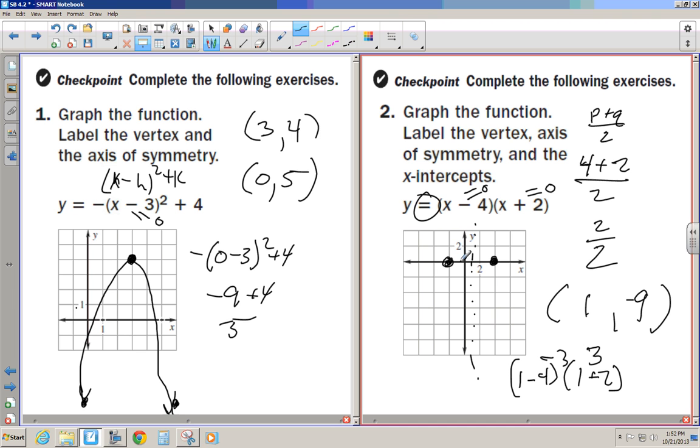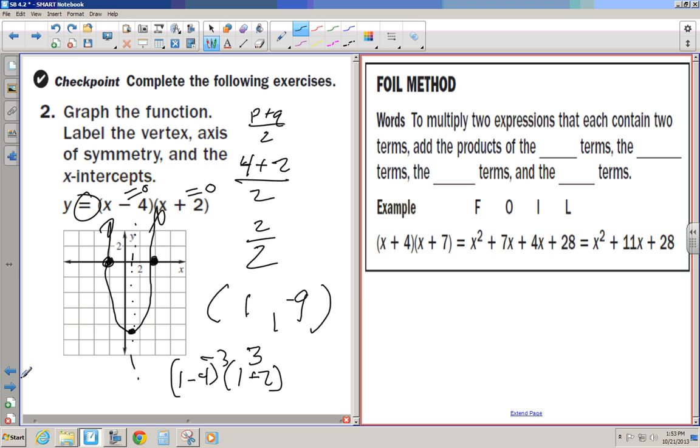So my vertex, 1, 2, 4, 6, 8, right here. There's your parabola. All right, that's the other two ways of graphing. So you should be able to graph by making a table, graph it in standard form, graph it in intercept form, graph it in vertex form.